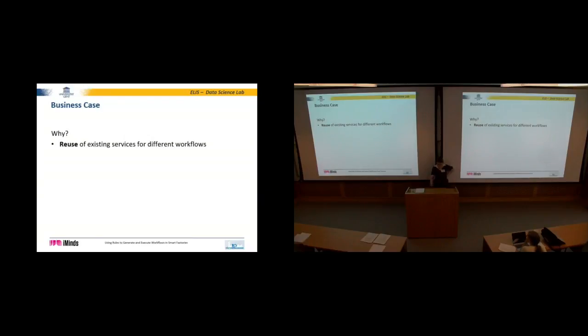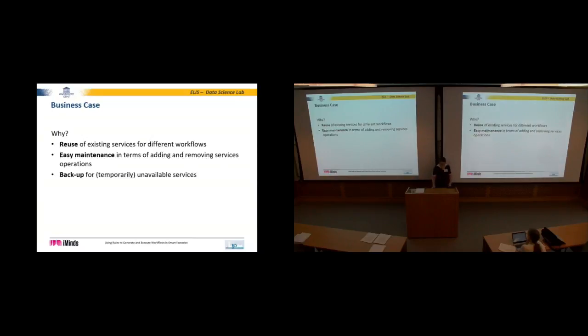If this already is lying around somewhere, it's nicer to reuse it. Another thing is, if I describe my service descriptions and not any workflows, I can easily add or remove services to our system. So it's easy to maintain that.